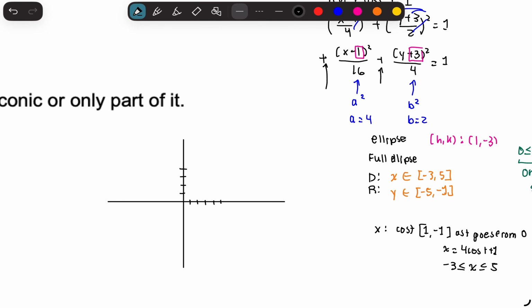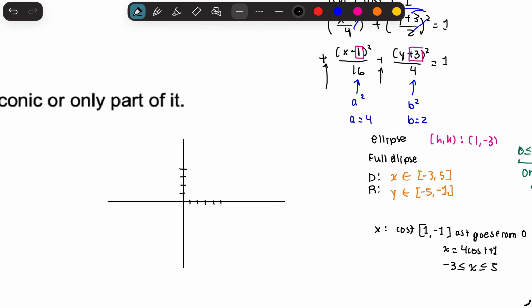Now, our points go from 5, -3 to 1, -1 to -3, -3. So that means you're going from the top half, right to left, the other way, right to left.